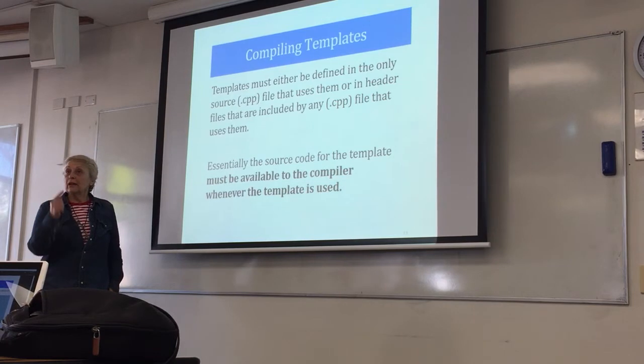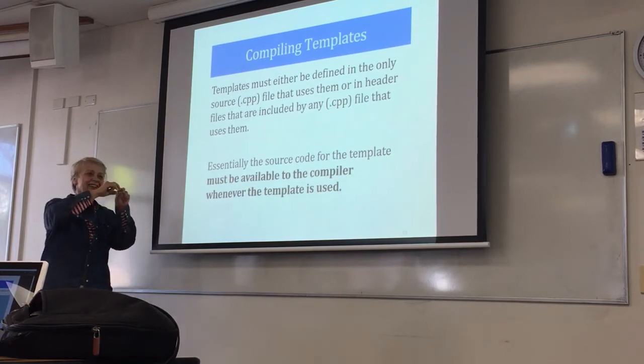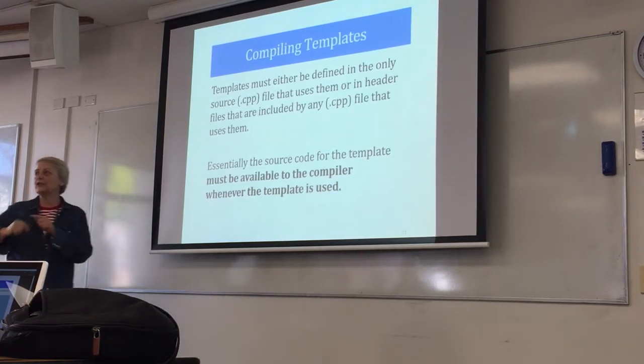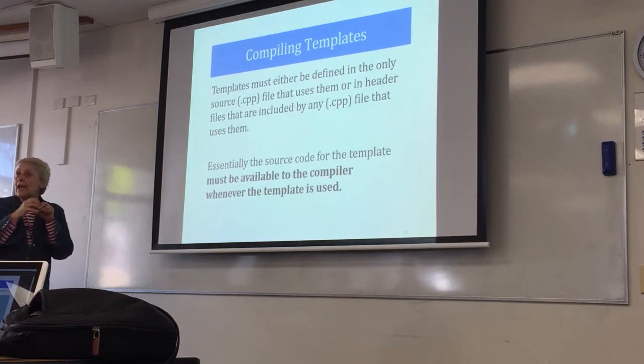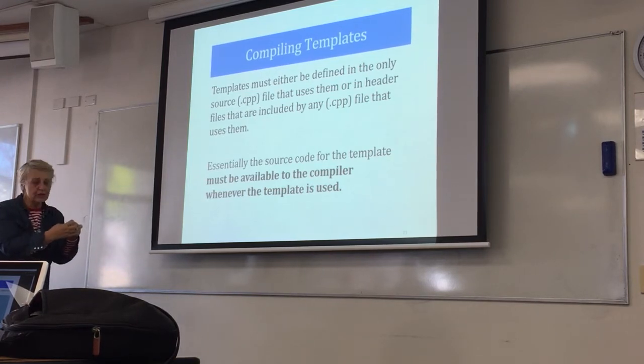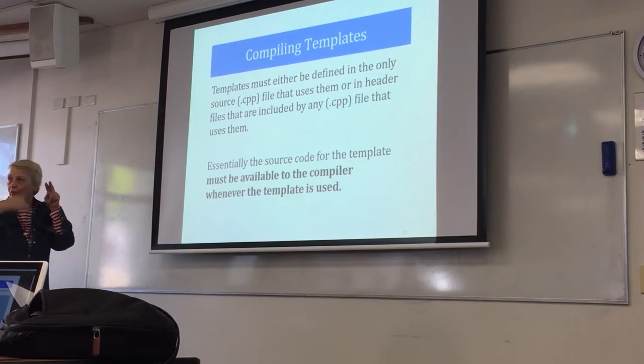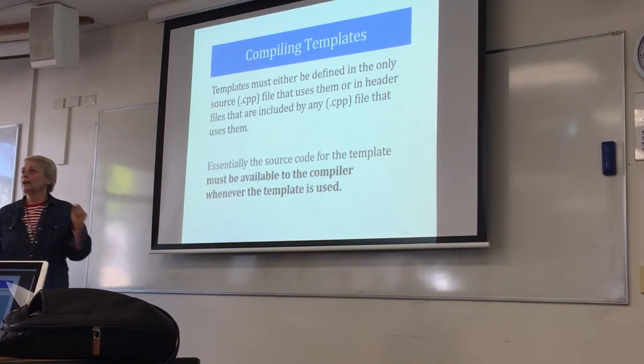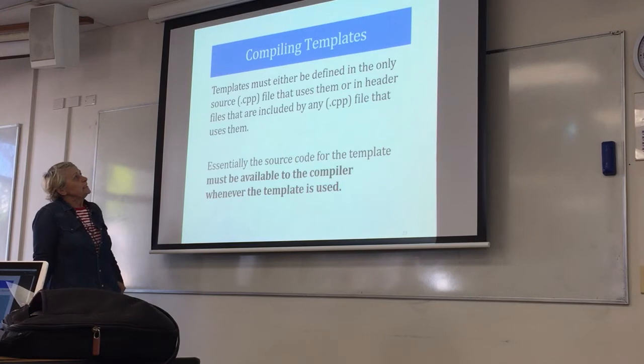Everything in the same file because, as you have seen, the compiler creates the function before it uses. So it needs access to the body of the function. And because it needs access to the body of the function, that has to be known to the compiler before execution.